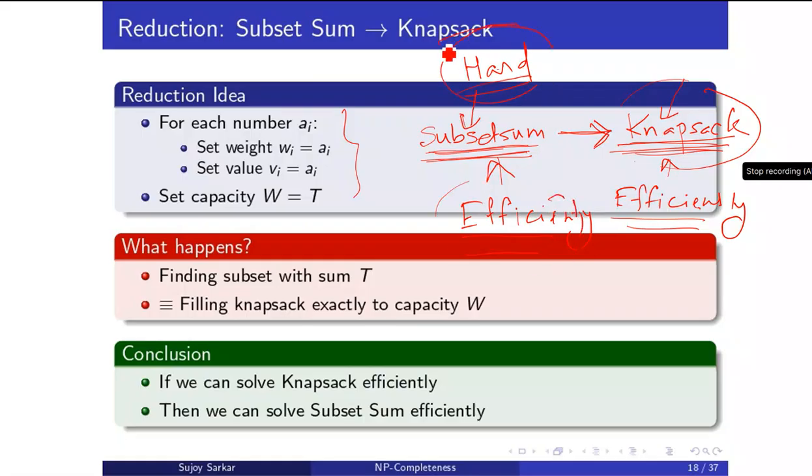Why will it be hard? We argue that if this is a hard problem, and we can transform it into a knapsack problem, then knapsack must also be a hard problem. Otherwise, if it is easy, this is also easy. But it is already proved that subset sum is hard, so knapsack must be hard.